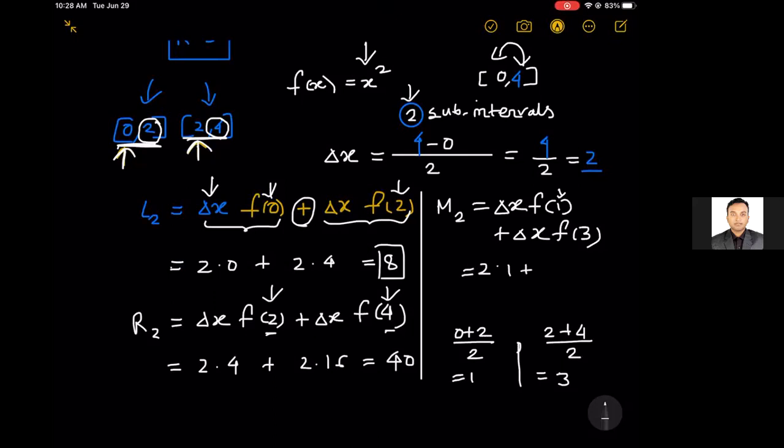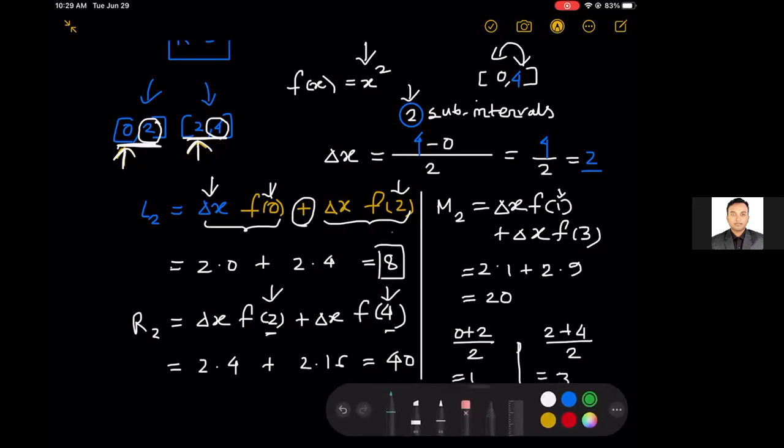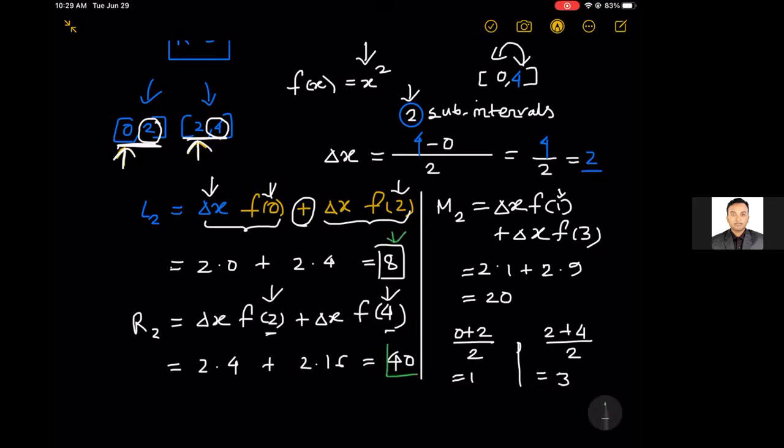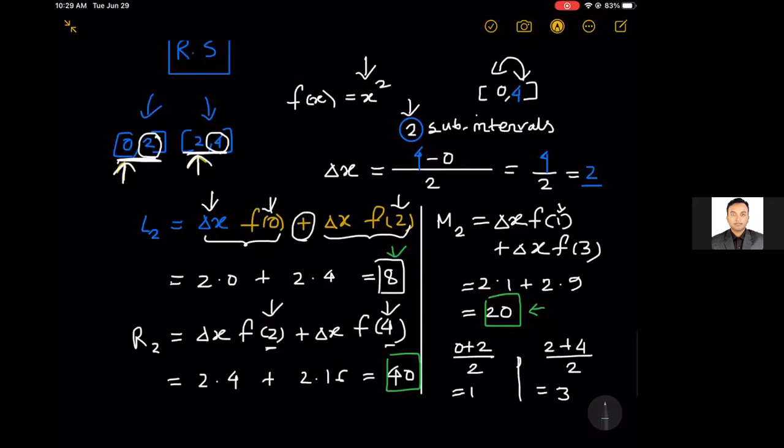And what's the functional value at 3? It's 3 squared, so it's 9. So 2 plus 18 is 20. So this is the left Riemann sum, this is the right Riemann sum, and this is the midpoint Riemann sum. Take your time and see if you have any question from this, okay?